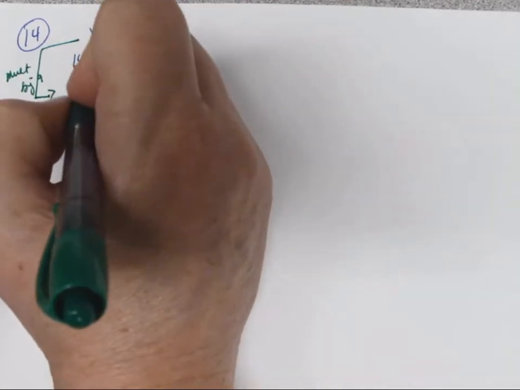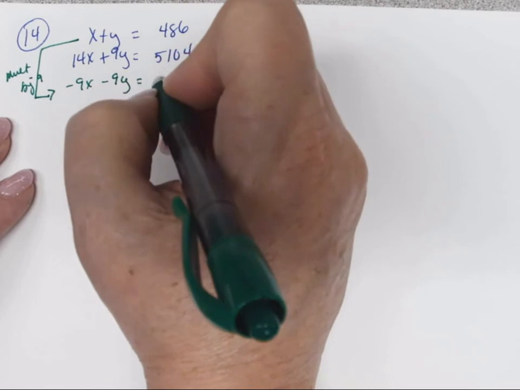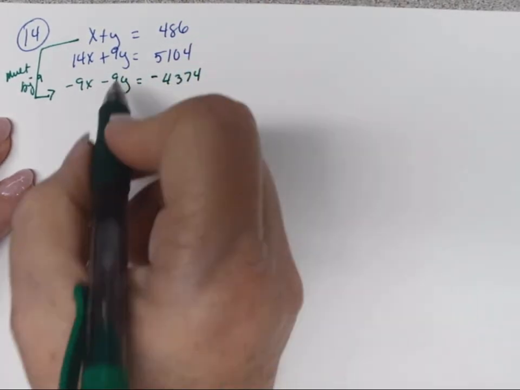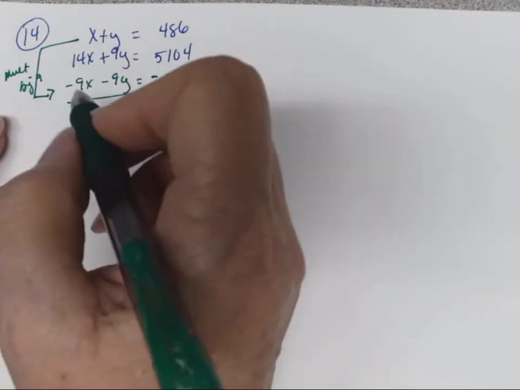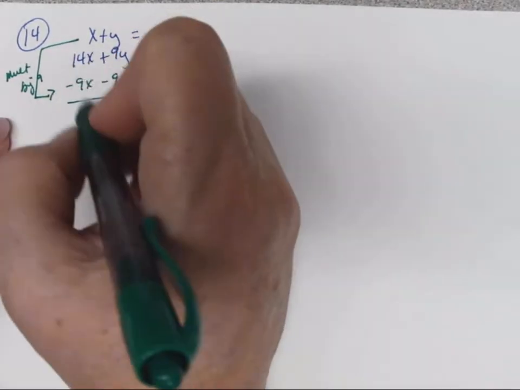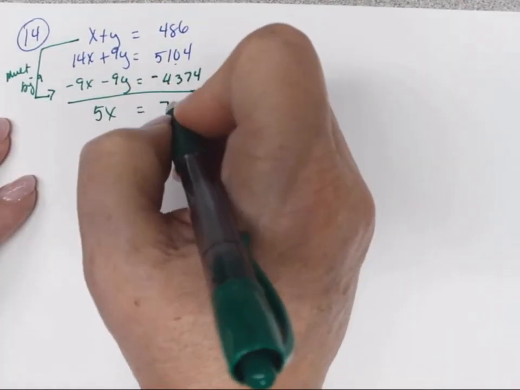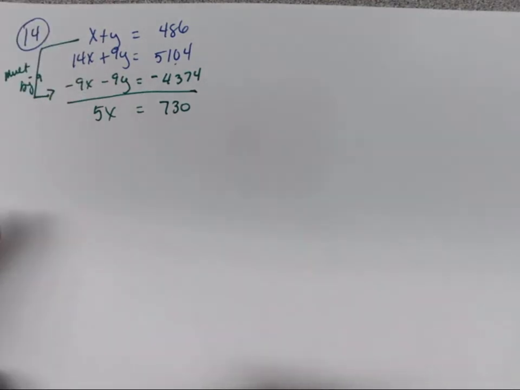So negative 9x minus 9y will become equal to negative 4374. So I multiplied all three by negative 9, and that will get me 5x is equal to 730. So I took these two equations and combined them together.